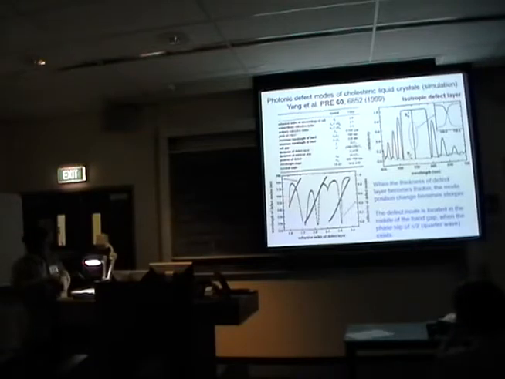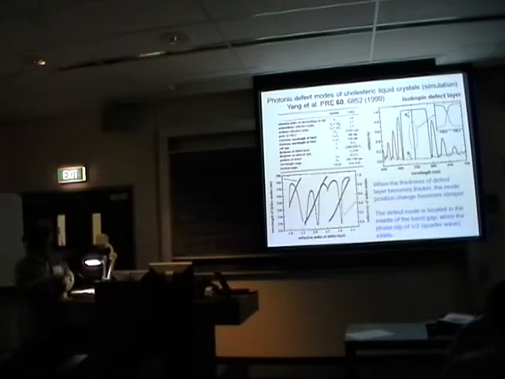Actually, this level and this level correspond to the lower and higher energy edge of the photonic band. So the photonic band is here. The defect level moves within the photonic band with the refractive index of the defect layers.